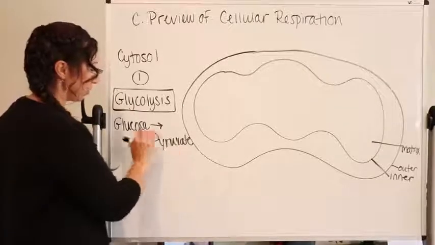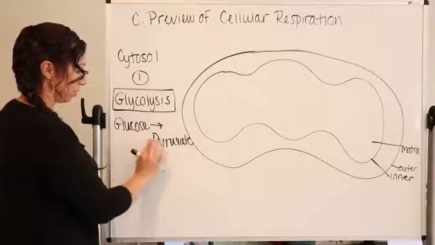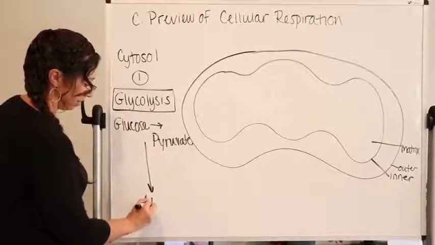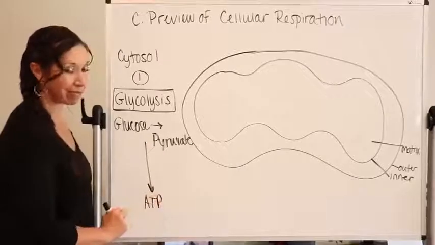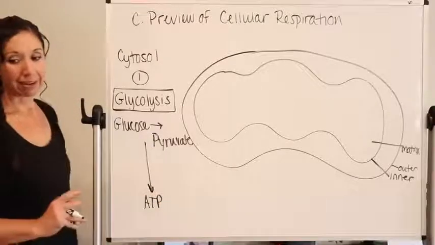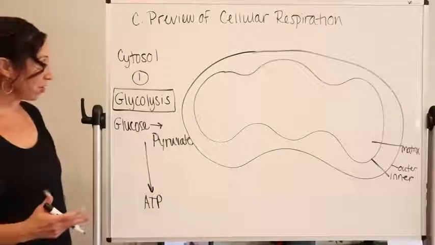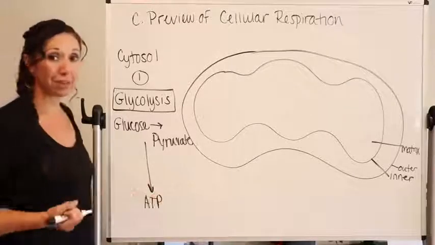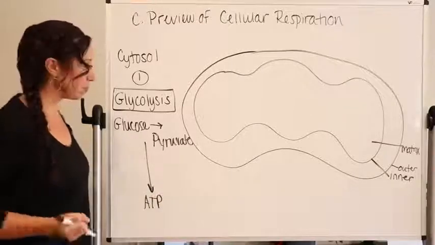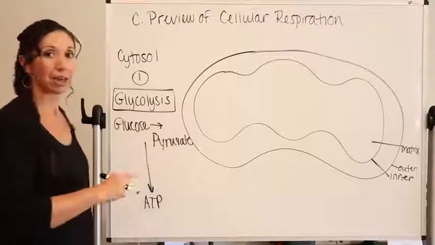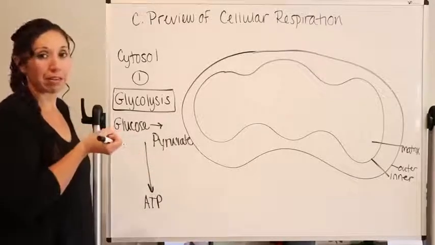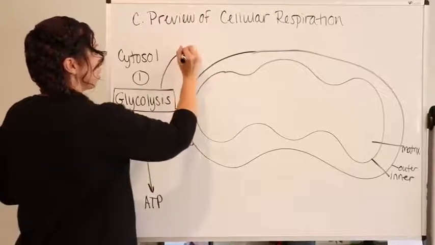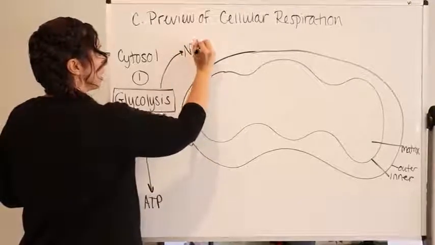What happens is, once glycolysis happens, glucose to pyruvate, you're going to make a little bit of ATP. Nothing too much, just a tiny bit, nothing big. And during this time, you're also going to make some NADH. Remember, these are our electron carriers. NAD plus came into the mix here, scooped up a couple of electrons, and became NADH.